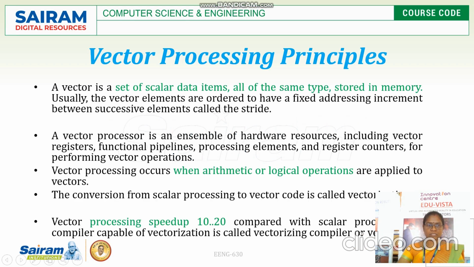Vector processing principles. First of all, we must know the meaning of vector. A vector is a set of scalar data items, all of the same type, stored in memory. Usually we say a vector is a set of elements, and those elements are called scalars. The vector elements are ordered to have a fixed addressing increment between the successive elements, called strides.